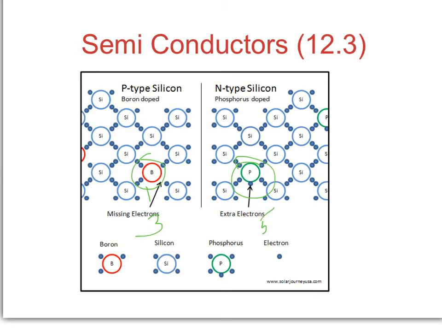That's going to cause that extra electron to shift, or that electron from silicon to shift in the case of boron, causing a shift in electrons.